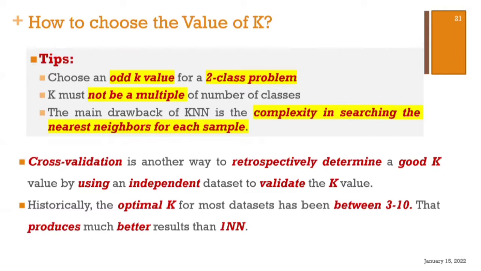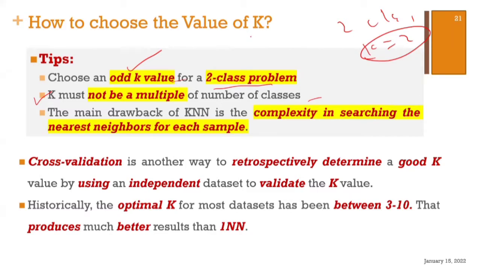Now, we also explained to ourselves, you have to take notes. If you are solving 2-class problems, you make sure that you have an odd value of K. And generally, the advice is K must not be a multiple of the number of classes. So if I have 2 classes, I cannot choose my K to be 2, because there's going to be a problem in my voting.